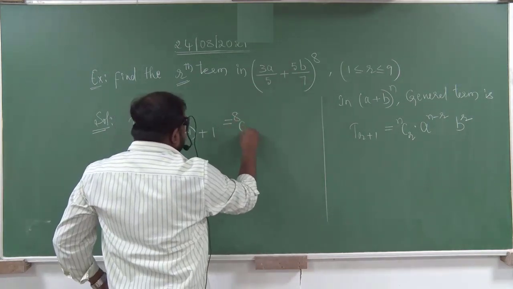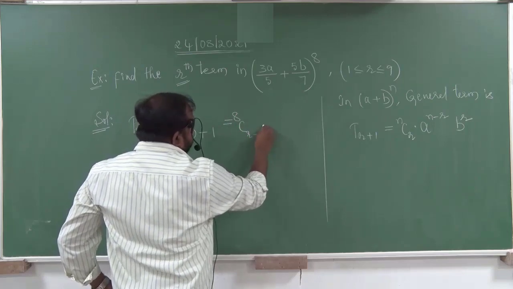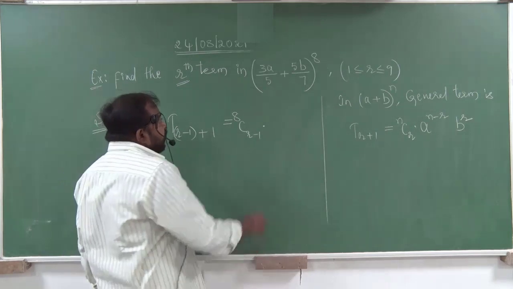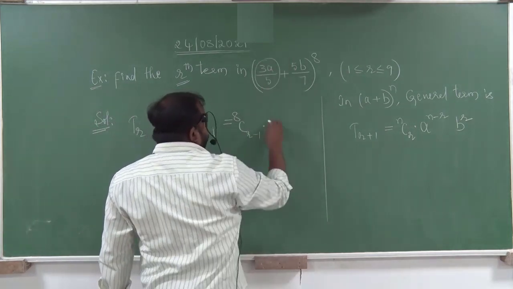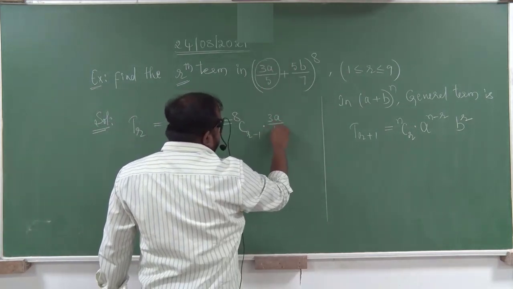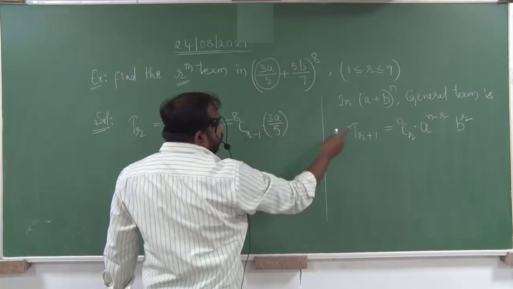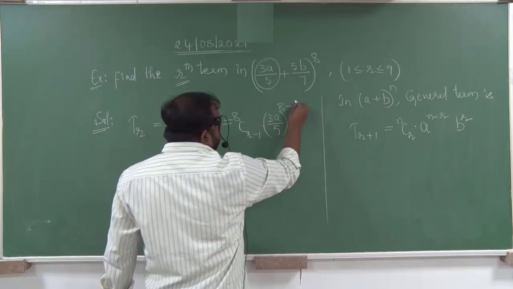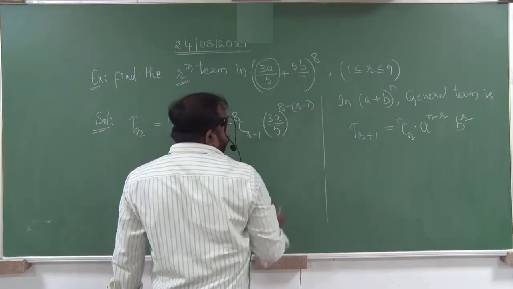So 8C(r-1) into a power n minus r. Instead of a, this whole value is there, so (3a/5) whole power n minus r, instead of r, r minus 1 is there.